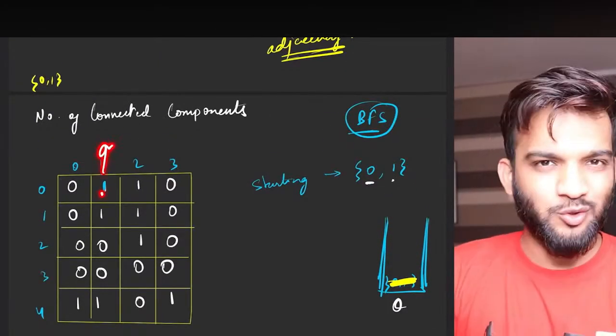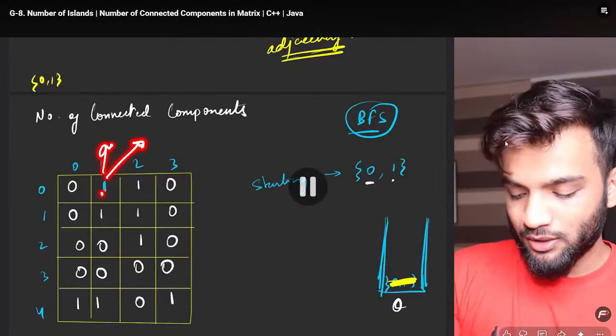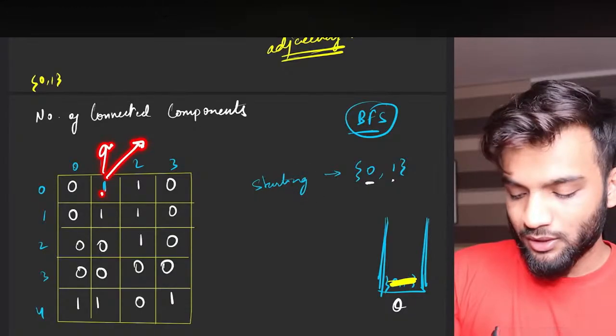So does it have a neighbor on the up? That does not exist. Does it have it here? No. Does it have it here?